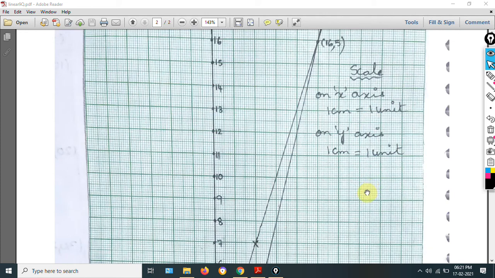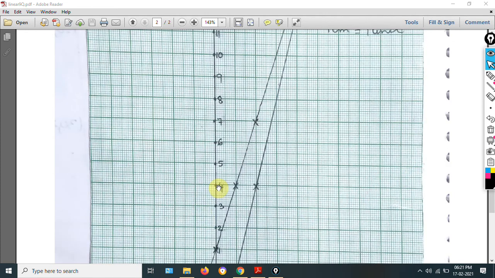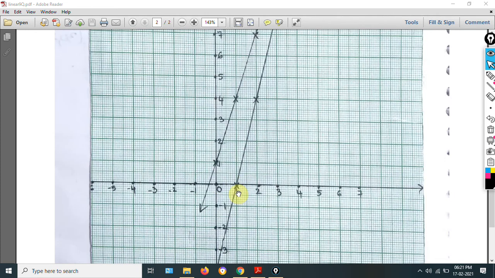Okay, so from 0, when we go to the next box, 1 will come. From 1 to the next box it will become 2, then 3, then 4, like that it goes on. On the left hand side also, same, minus 1, minus 2, minus 3, minus 4, minus 5.